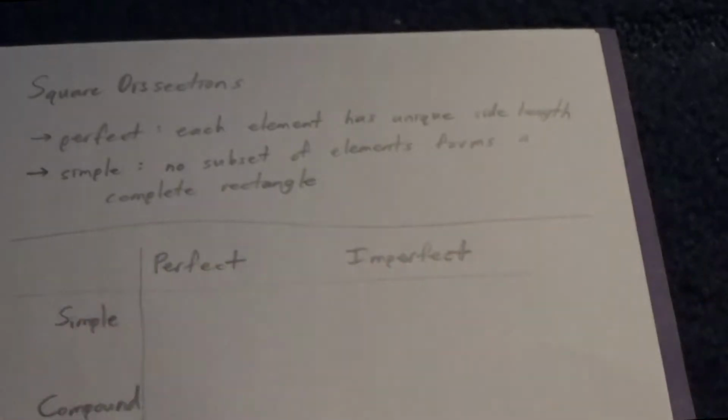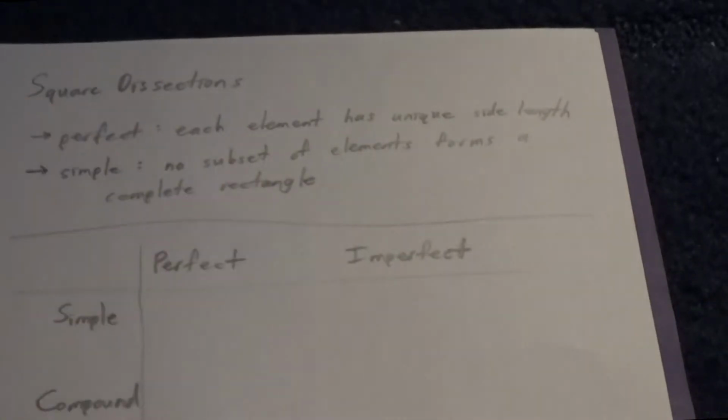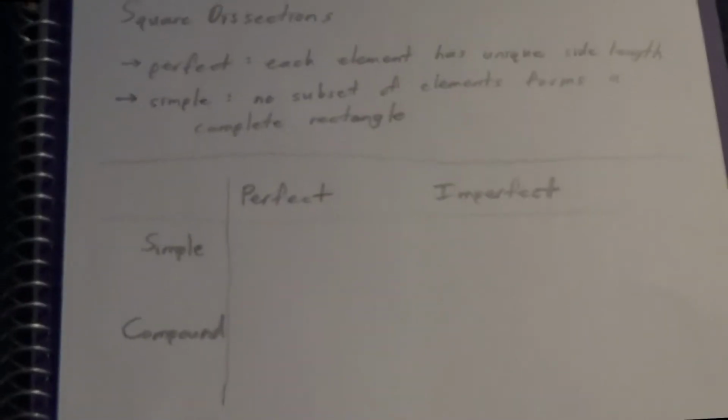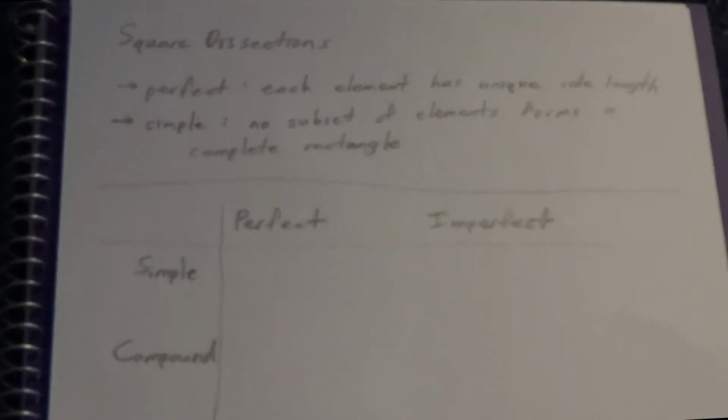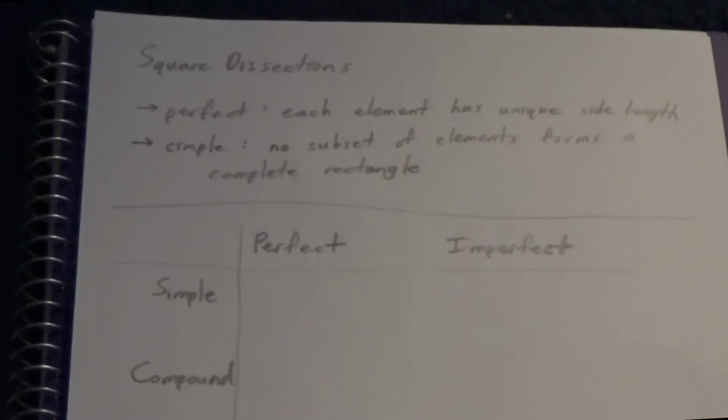And so with these definitions set up, we can consider a table that organizes these dissections, and it gives us a way of classifying them. This is just one way of classifying them.